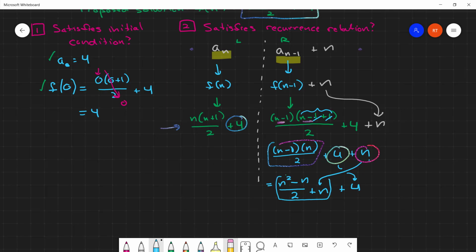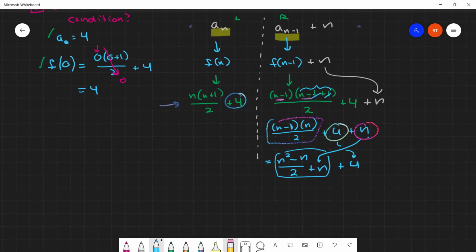Now let's see what I can do with adding these two terms together. I'm adding a fraction to something, and so I'm going to get common denominators here. I have n squared minus n over 2, and then instead of n, I'm going to write 2n over 2, so I can add the two together. Now let's add those two together and see what we get.